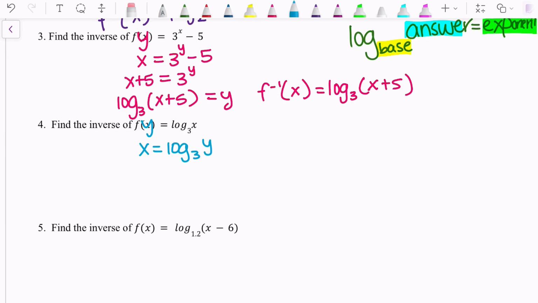And so I am following the pattern base, answer, exponent. Mine's kind of written in reverse. The other way we switch out of log form is to think about the swoosh method. And so I have the base to the exponent is equal to y. And that's already got y by itself. So I'm going to rewrite it as the inverse function is 3 to the x.